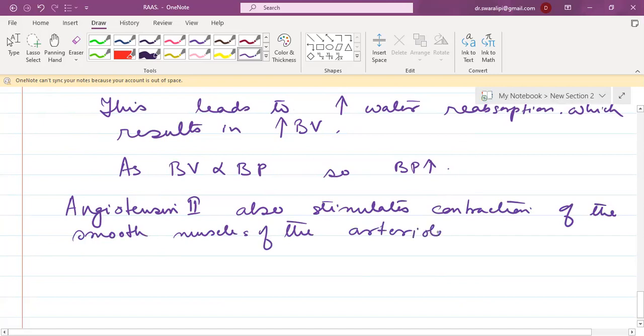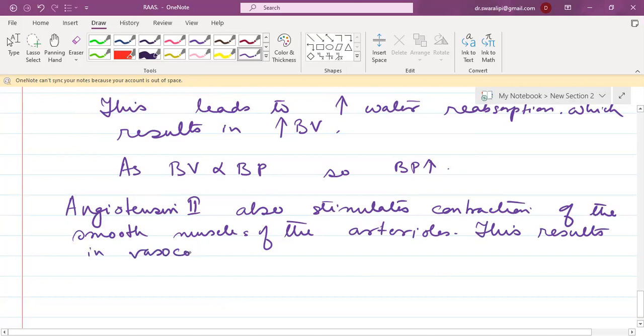Okay, of the arterioles. Now you all understand that if muscle contraction occurs in the arterioles, what will happen? This results in vasoconstriction. That means the diameter of the blood vessels will decrease.